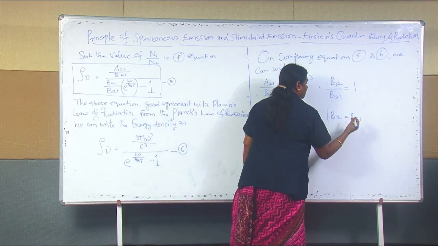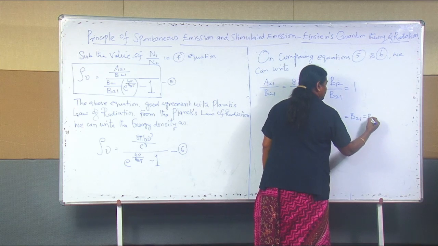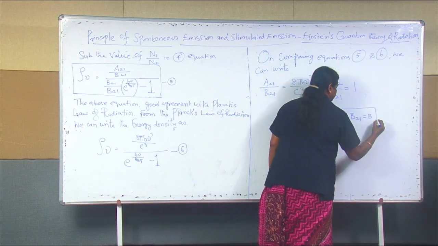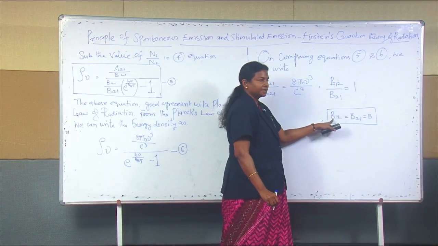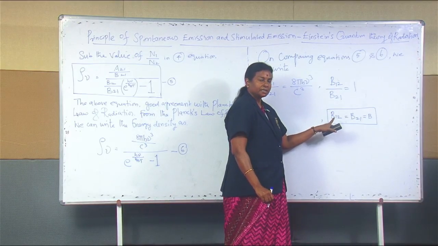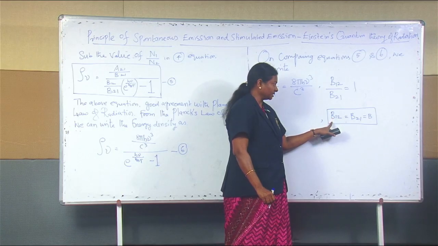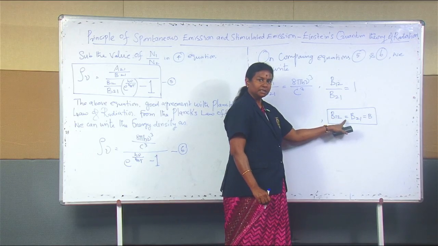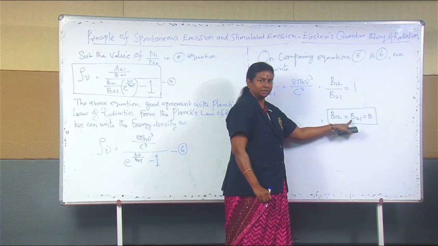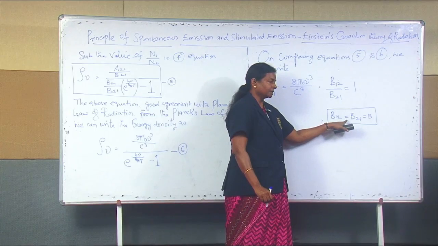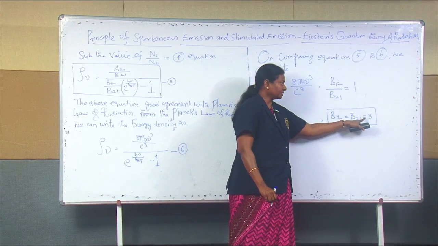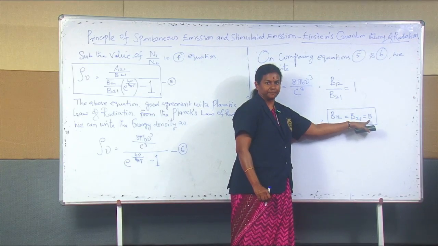Okay. Or I can equate this as B also, which is nothing but the constant being introduced during the first process, absorption, which is equal to the stimulated emission. This constant is being introduced during the stimulated emission. So, this B12 which is equal to B21 which is equal to capital B.